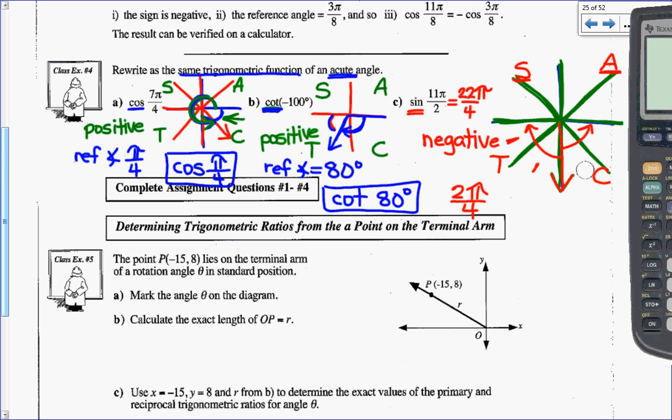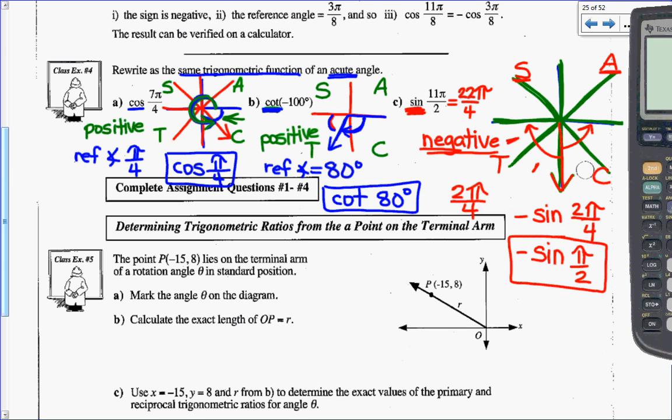Okay, oh, but it's negative. So it would be the negative sine, not the positive sine of 2 pi over 4. But that's not in lowest terms, so that's really the negative sine of pi over 2, isn't it?